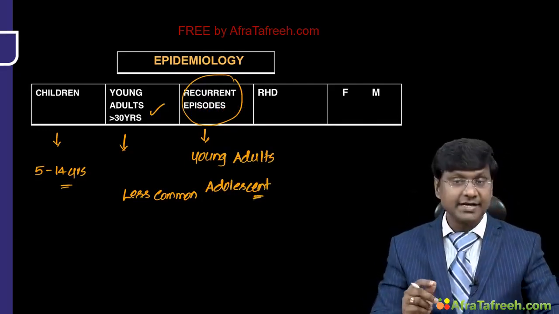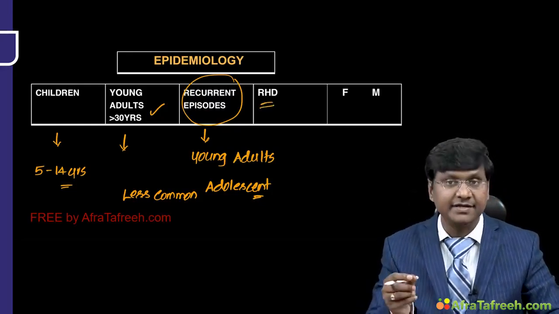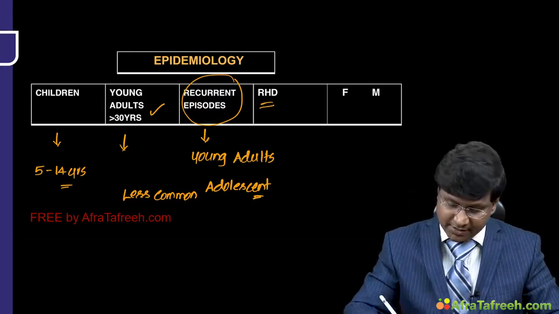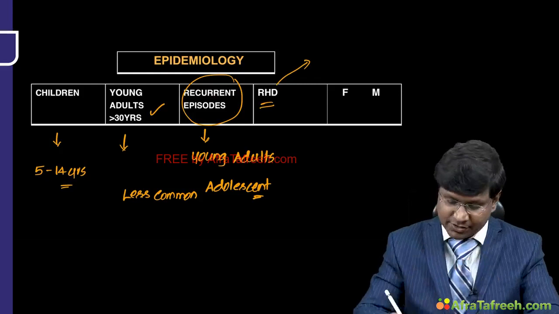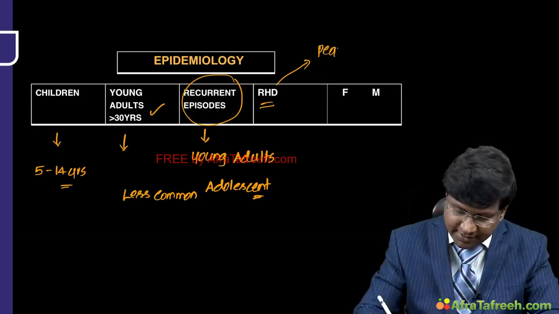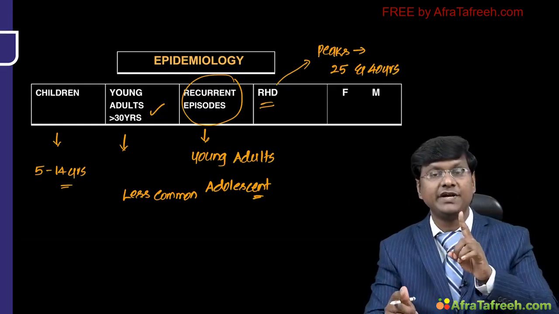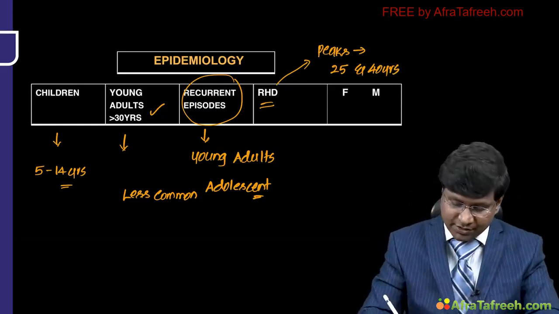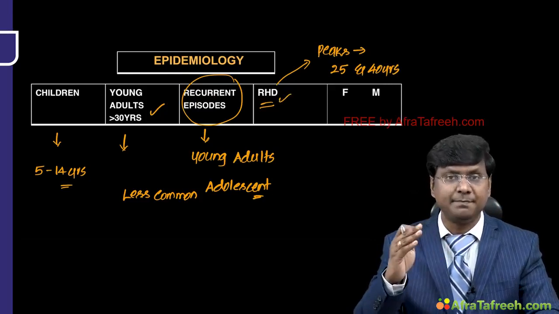If you take the incidence of rheumatic heart disease, where there is cardiac involvement, the incidence of rheumatic heart disease peaks between 25 and 40 years of age. Between 25 and 40 years of age, the prevalence of rheumatic heart disease peaks.